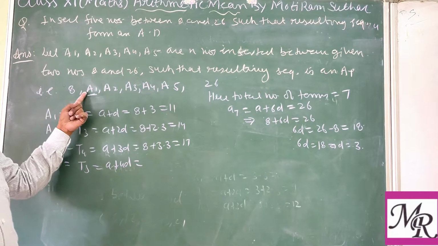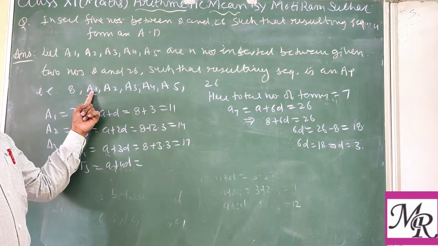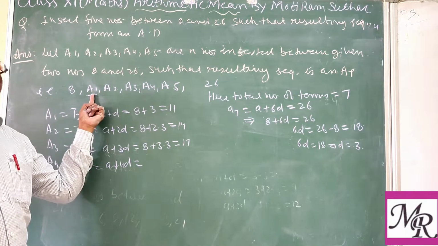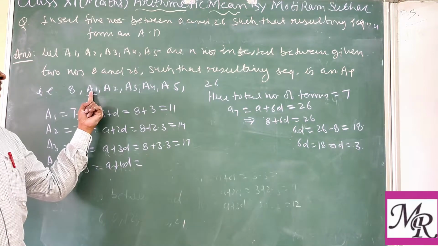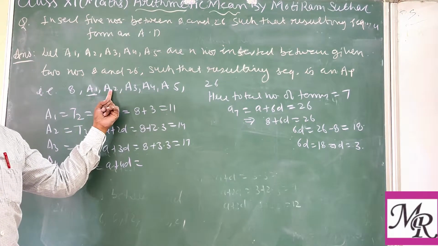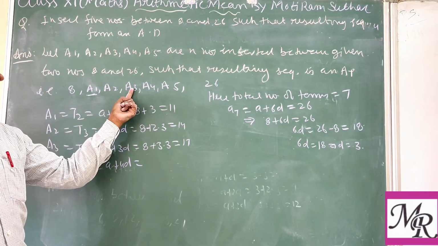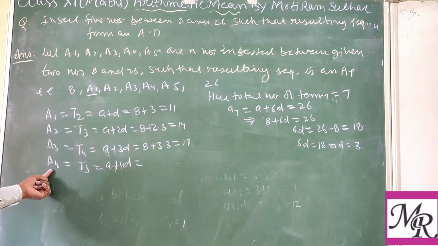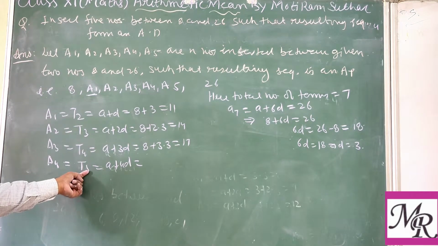Clear? Because these are the numbers. A1 means the first number, but actually the term is second. Number is first, term is second. Number is second, term is third. Number is third, term is fourth. In this way, we can say the fourth number means the fifth term.